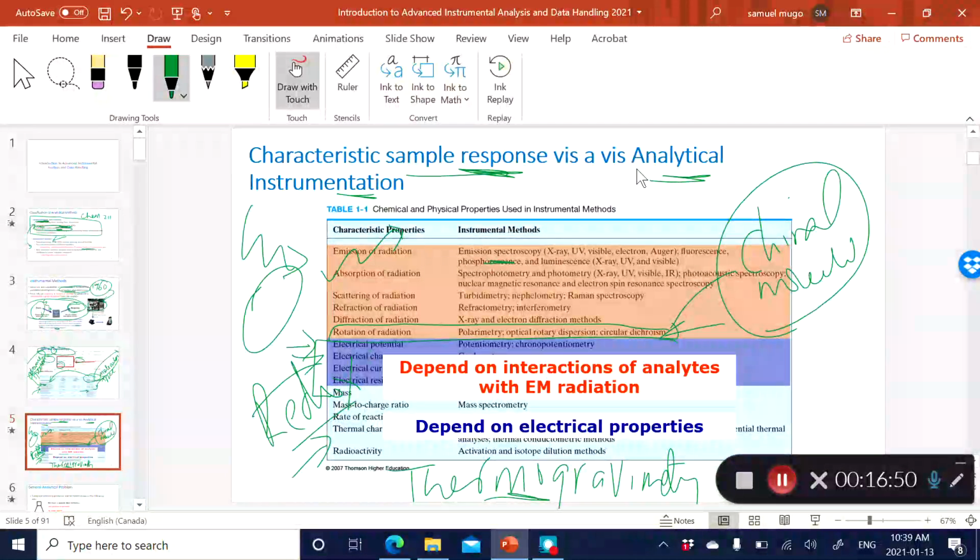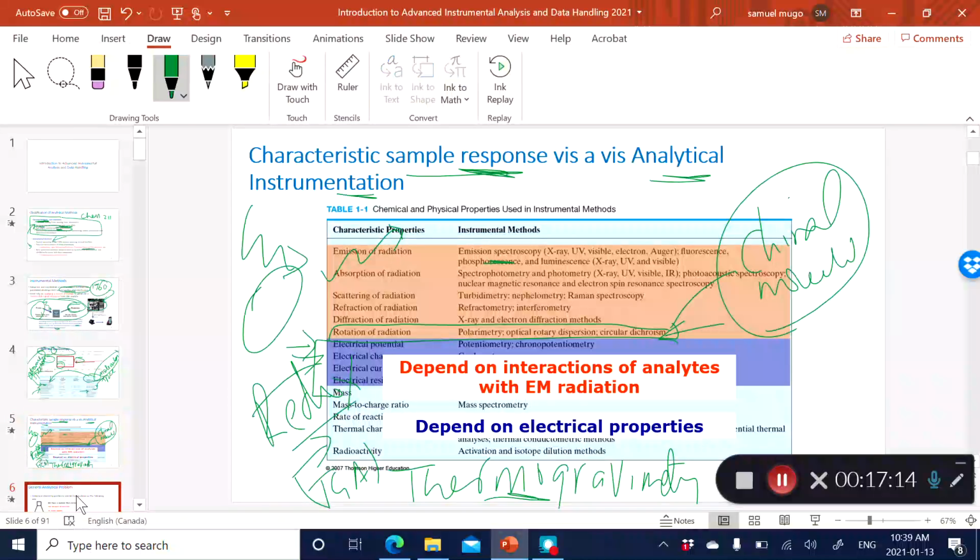Thermogravimetry is a very important technique, especially for characterization of polymers, so that you can understand their degradability or their thermostability. People call it the TGA, thermogravimetric analysis. Very important for polymer analysis.